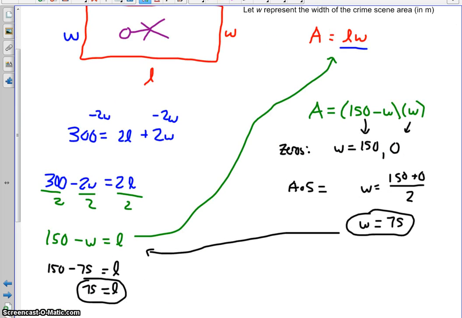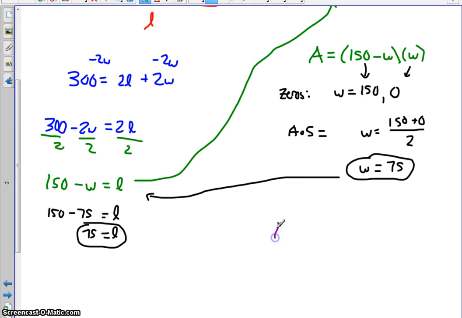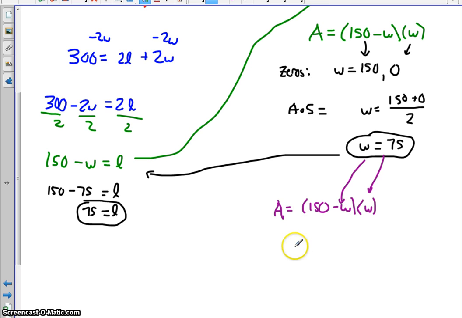How do I find what that maximum area is going to be? Well, I can just use the original equation. A is equal to length times width, or I can use the one that just has width in it. I'll use that one. So I have 150 minus W, times W, putting in W equals 75 for my axis of symmetry.